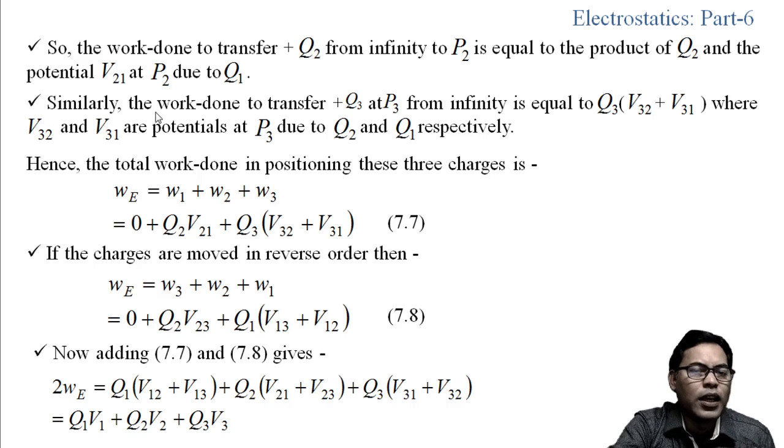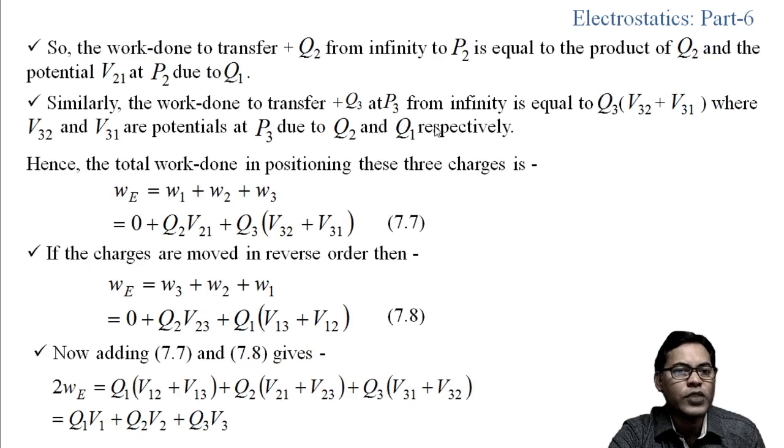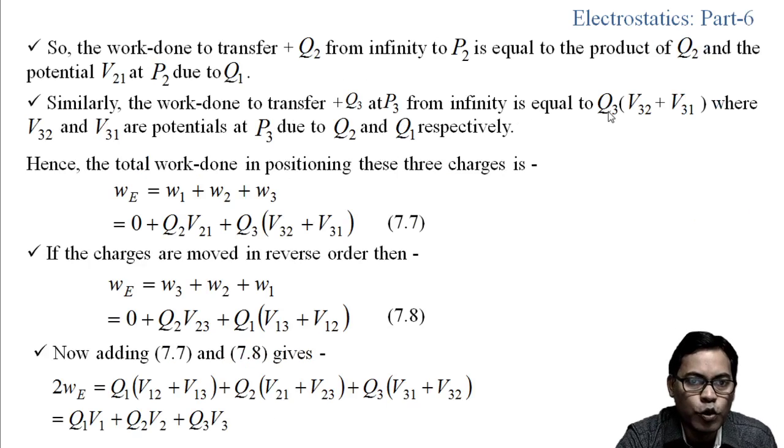Similarly, if we want to move the third charge Q3 from infinity to P3, then also we have to multiply this Q3 and the potential at this point P3 due to the charge Q1 at P1 and Q2 at P2. So here that is Q3 into V32 plus V31.